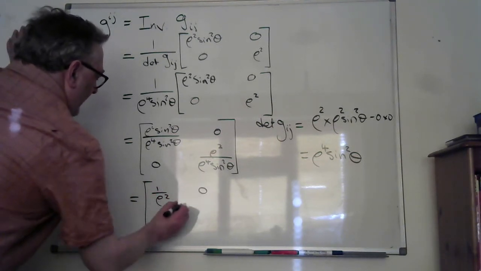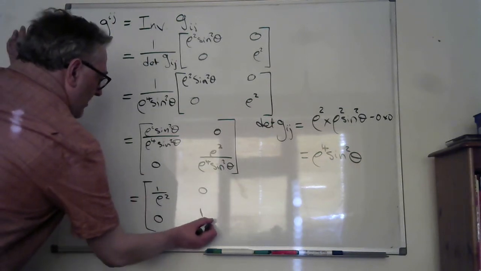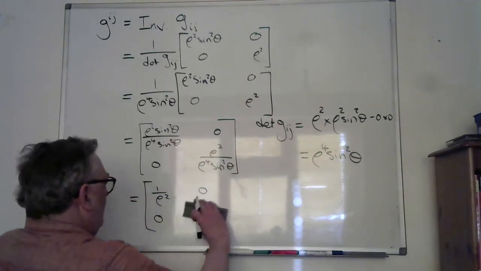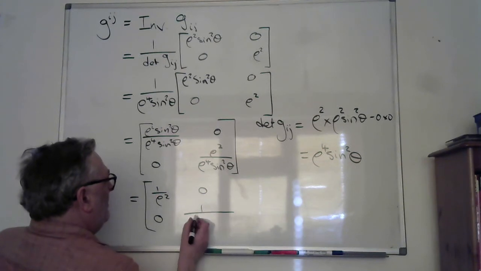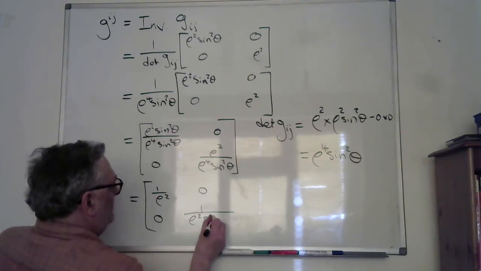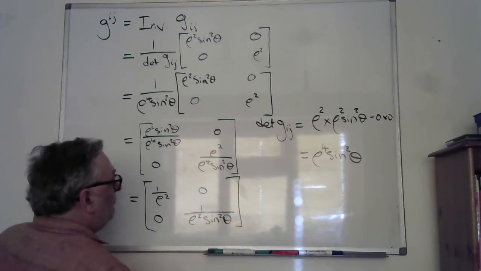Then we get a 0 here and a 0 here. And that just cancels to give 1 over, let me write that a little bit neater, 1 over rho squared sine squared theta.